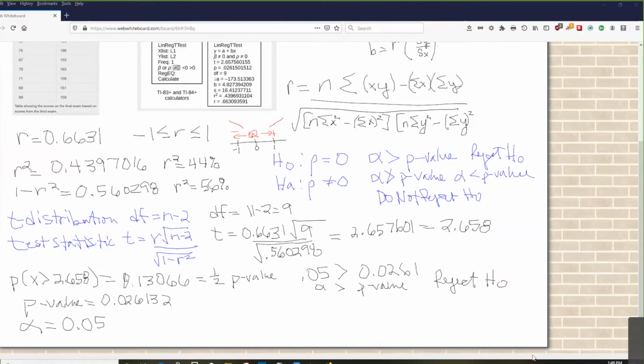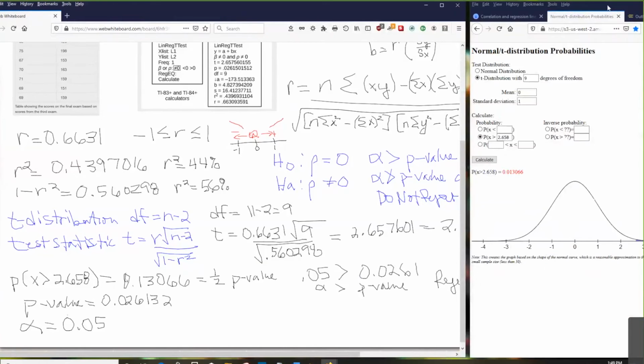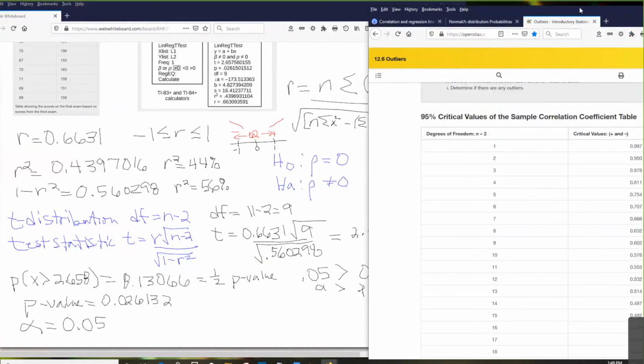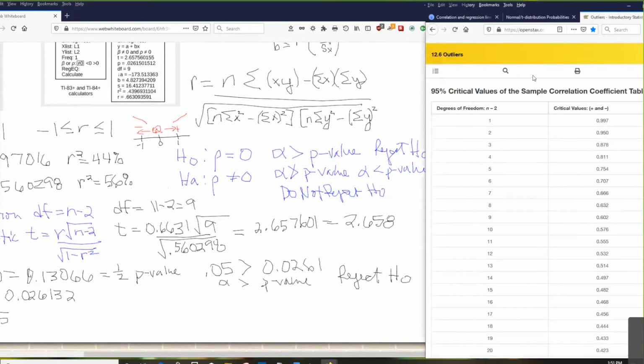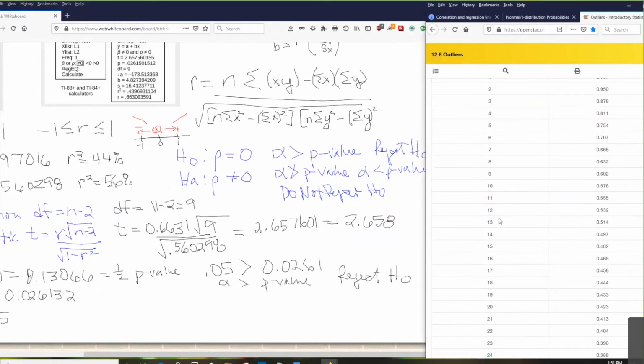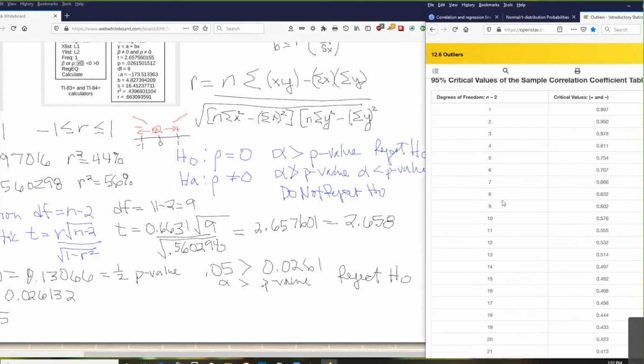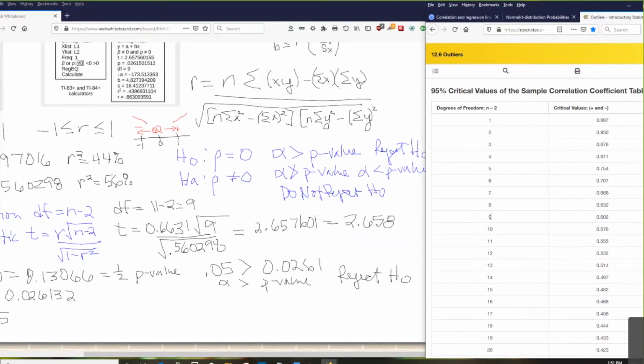Okay, now the second way that we can do that is, so this is testing this out using the p-values. The other way that we can do that is to use a table of critical values. So the way that you look at this is you're going to find your degrees of freedom. In this case, our degrees of freedom is 9, and you're going to match it with the critical values.